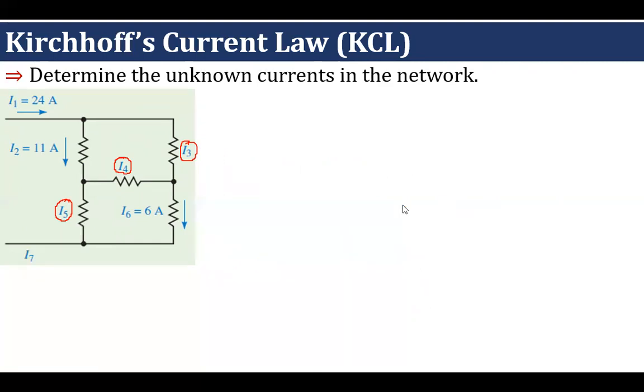Okay, for the sake of solution, I have deleted all these things. Now let me assume the direction of I4 in this way, I3 in this way, and I5 in this way. Okay, I7 is also an unknown quantity. One more unknown. Sorry, I said three unknowns. There are four unknowns, and I'm assuming the I7 direction in this way.